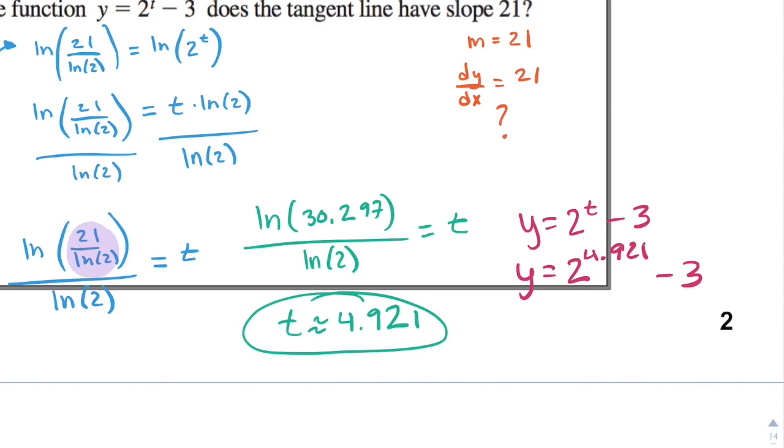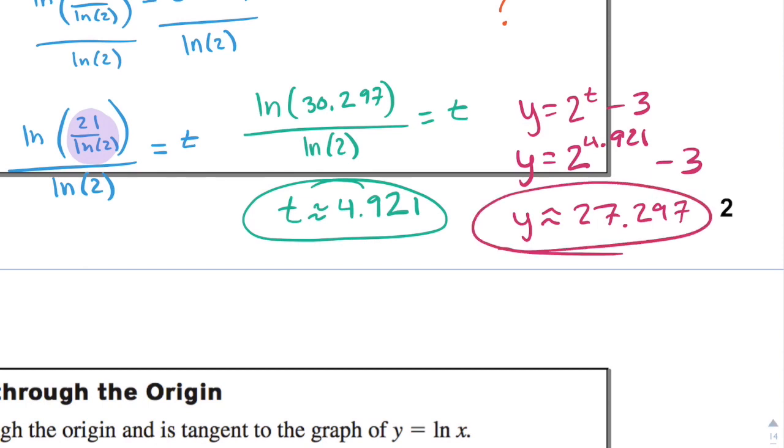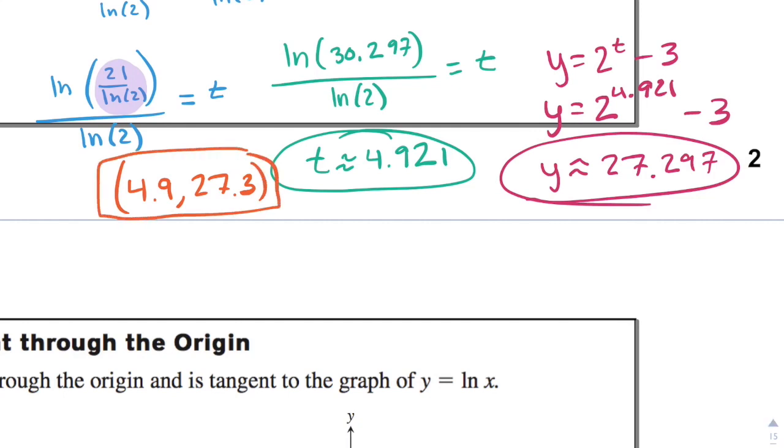I still have this in my calculator, so I'm going to do 2 to the answer that I got, and then take away 3. And I get y is equal to 27.297 rounded. And that's your point. So the ordered pair, let's round it to 1 decimal, is 4.9 and 27.3. That's my final answer there.